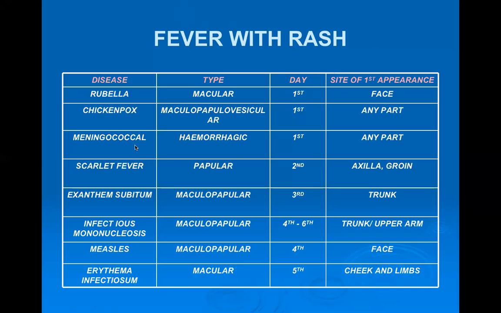In 24 hours, if we fail to diagnose, we may lose that baby because of septic shock. And one of the very important complications, which occurs in the adrenal gland, is called Waterhouse-Friderichsen syndrome. I'm sure many students know this term already. That is bilateral hemorrhagic infarction of the adrenal gland.